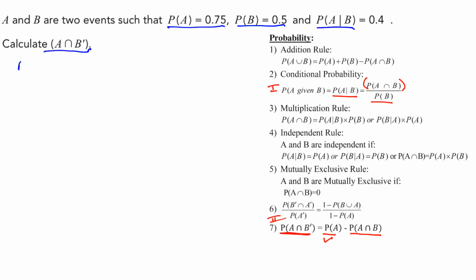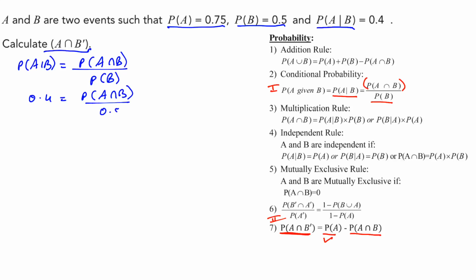So A given B is equal to probability of A intersection B over probability of B. Replace the values that you have. 0.4 is equal to the intersection over 0.5. Cross multiply, you will get 0.2 is equal to probability of A intersection B.